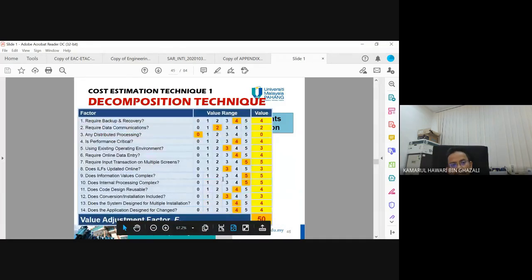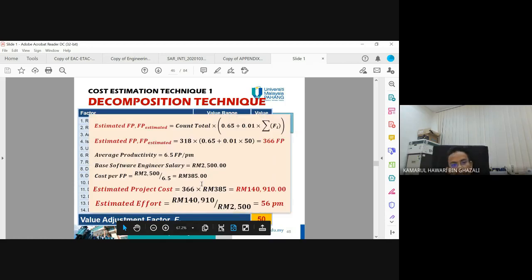So next, cost estimation technique 1, decomposition technique factor. If the factor is increased, then we have this value 4 until the estimation value. So we have the adjustment factor E. So by using the same formula, we can calculate the estimation cost.